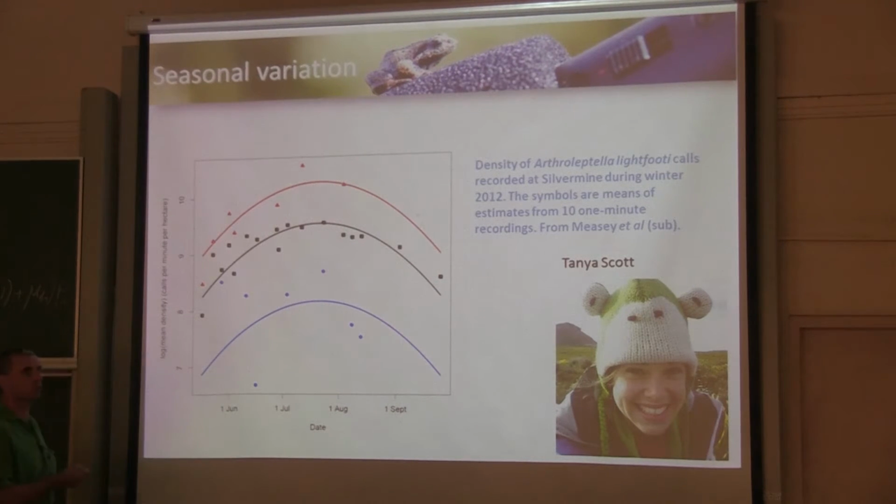So these frogs call an awful lot during time, from May all the way up to November. And you can see that each of the 3 populations we monitored has a change in the way they call throughout the year, with a sort of peak calling period in July or mid-July.